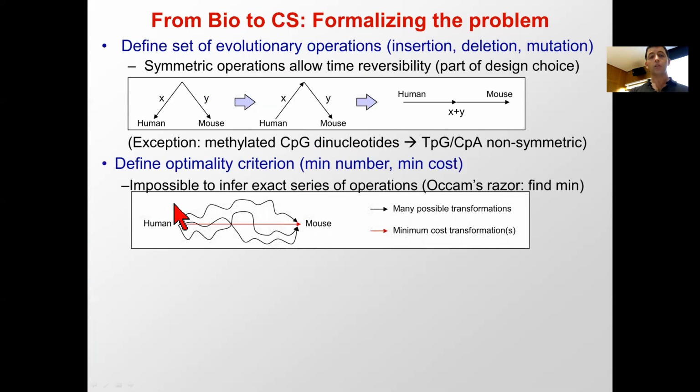Anyway, so second is, once we have the operations, we're going to define an optimality criterion. So how do we know that we have a good solution? I mean, we simply can't tell the exact series of operations. All we can say is maybe we're going to find the minimum number of operations that it takes.